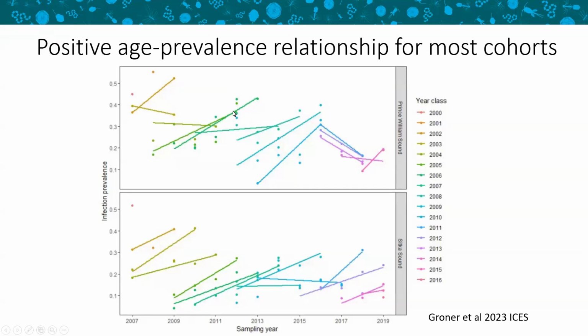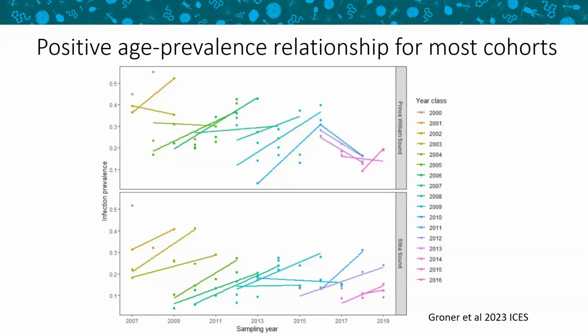And you can see in most years, you have this positive relationship. As the fish gets older, they're more likely to have disease. So maybe that age relationship could explain the higher disease prevalence in Prince William Sound. Maybe those fish are just older, and so they're more likely to be diseased.